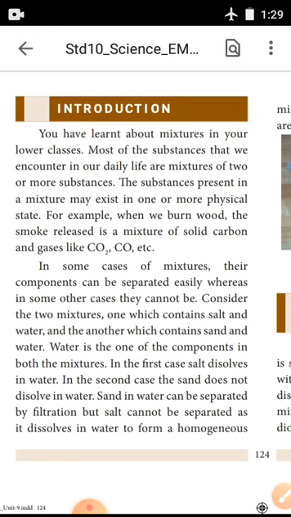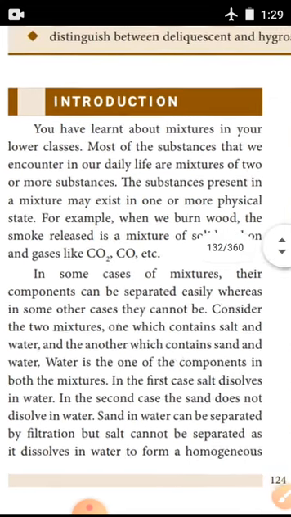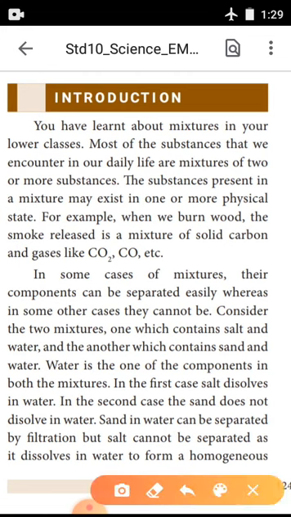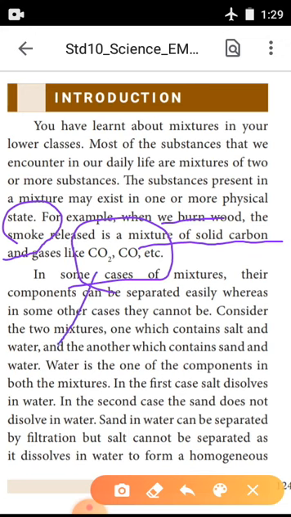Okay, see the first paragraph. They are giving an example. When you burn wood, it releases smoke, a mixture of solid carbon and gaseous matter CO2 and CO. What is CO? Yes, carbon monoxide. Then what is CO2?